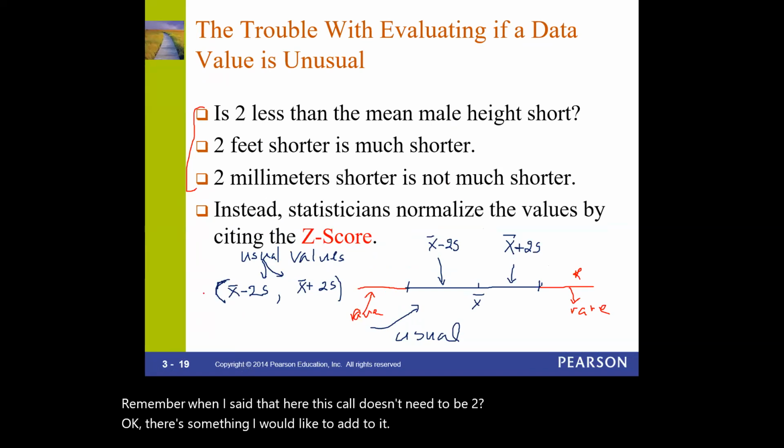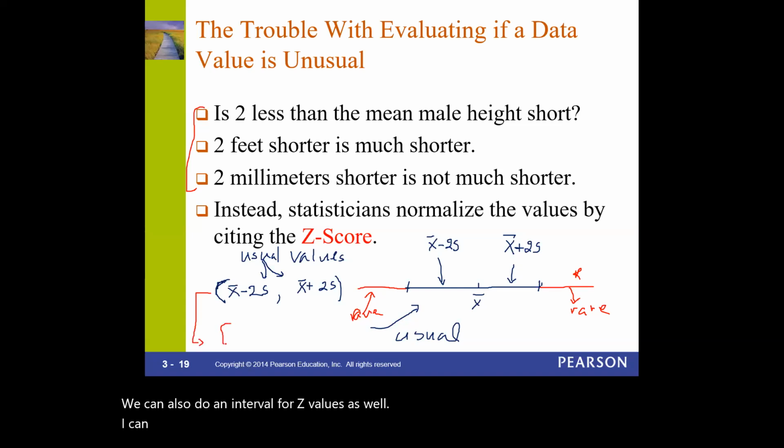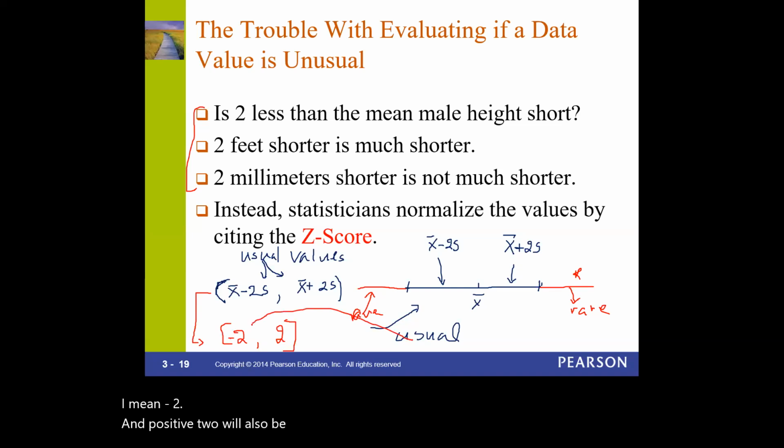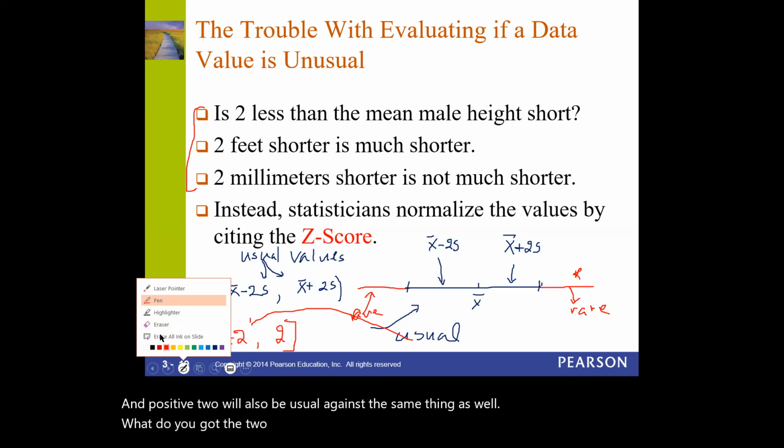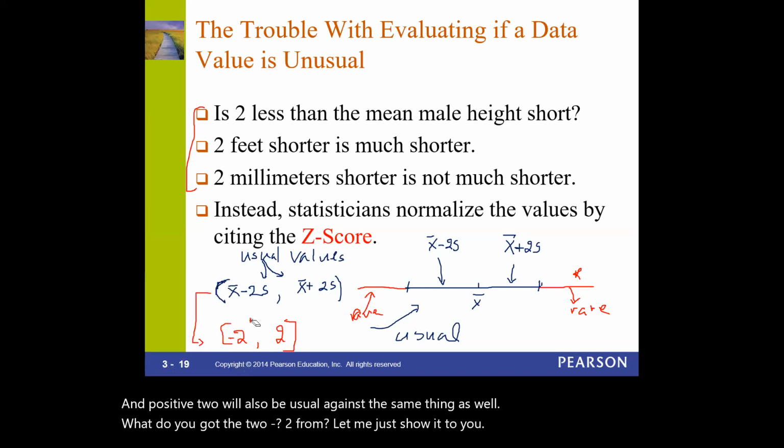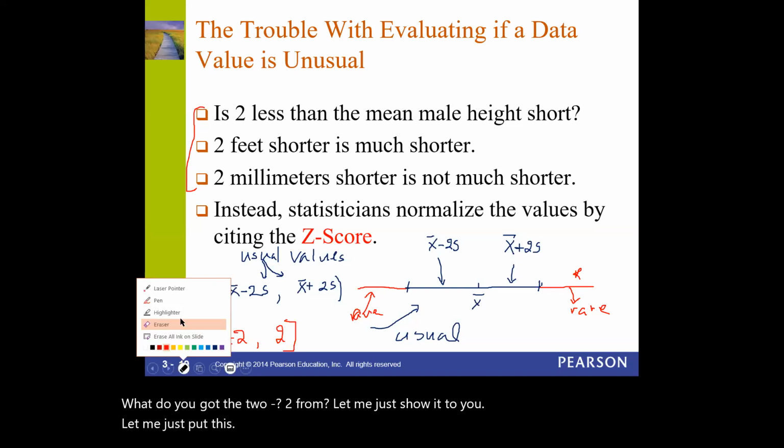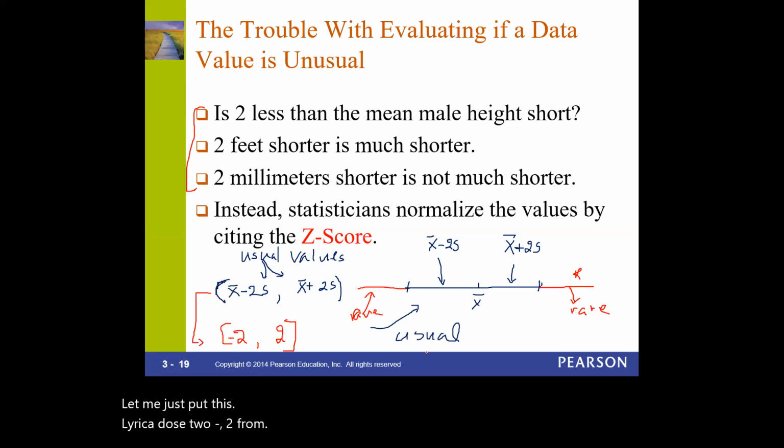We can also do an interval for z values as well. I can say anything between negative 2 and positive 2 will also be usual. Where did I get the 2 and negative 2 from? Let me just show it to you. So here is usual.